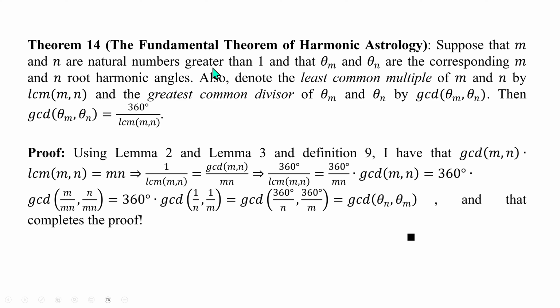But if M and N are greater than 1, then when you divide 360 degrees by M or N, you automatically get the root harmonic angles.